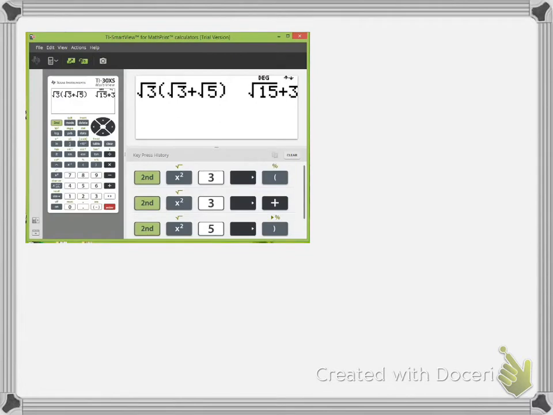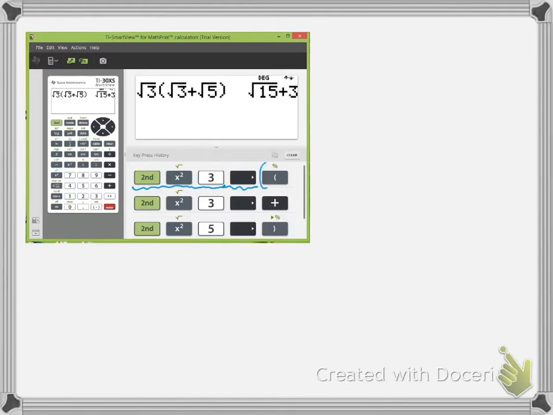The second problem is a multiplication. So again, you want radical 3. You click second x squared and then 3. Finally, you click right. So this is radical 3.